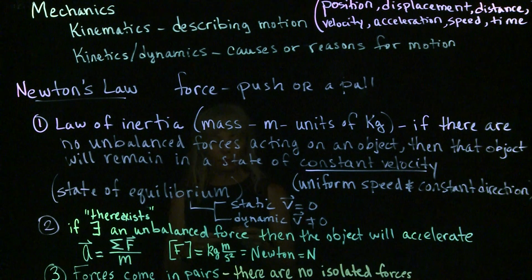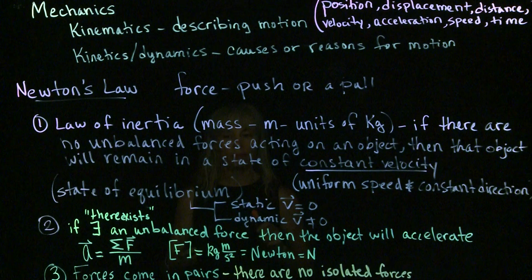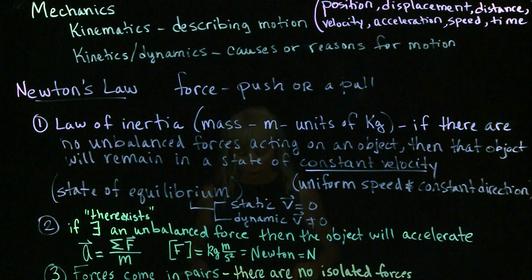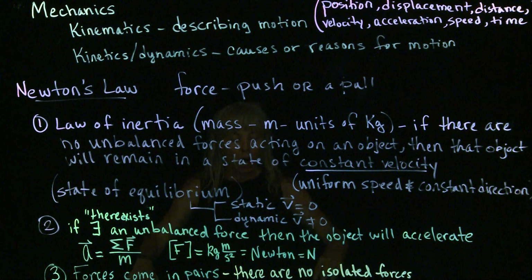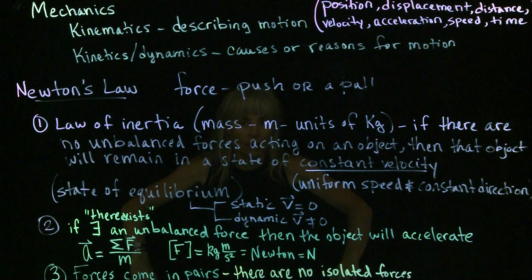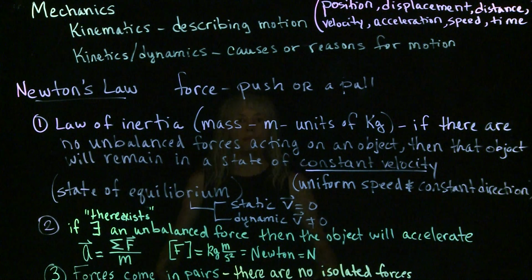So for every force, there is an equal and opposite force. In other words, I'm pushing down on the ground, the ground pushes back on me. I'm pulling up on the earth, the earth is pulling down on me. I push down on this table, the table pushes up on me. Every single force has an equal and opposite force.